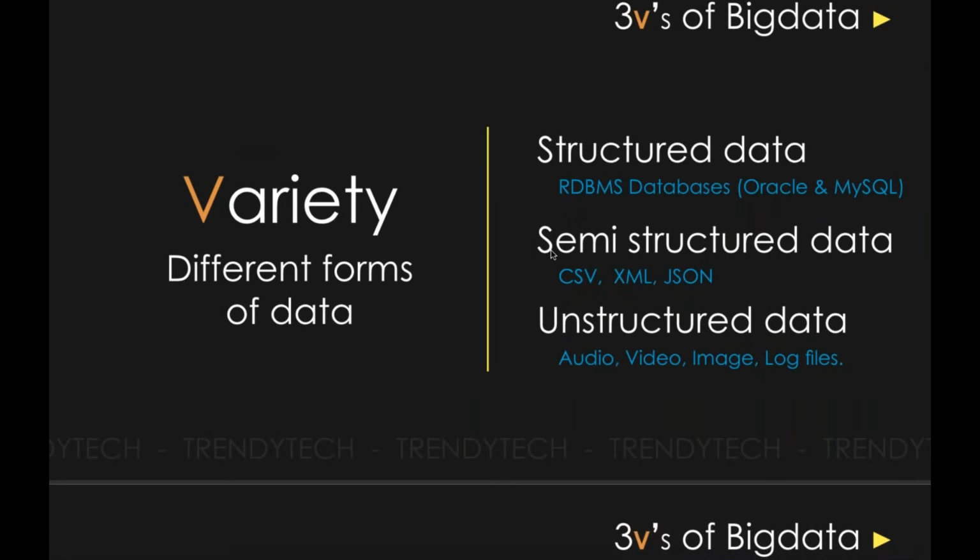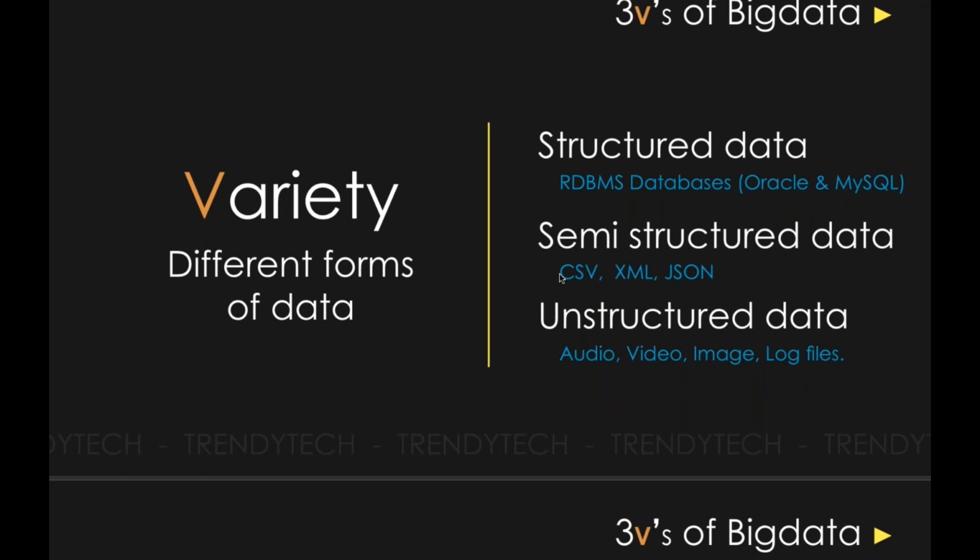That's why it comes under the category of semi-structured. Now, unstructured basically means your videos, your audios, even your log files. For example, if a web server is giving any logs, does that have any schema? No. So that is unstructured. So using our big data systems, we need to handle all these kinds of data. It's not just the structured data we need to handle. We have to handle all three kinds.